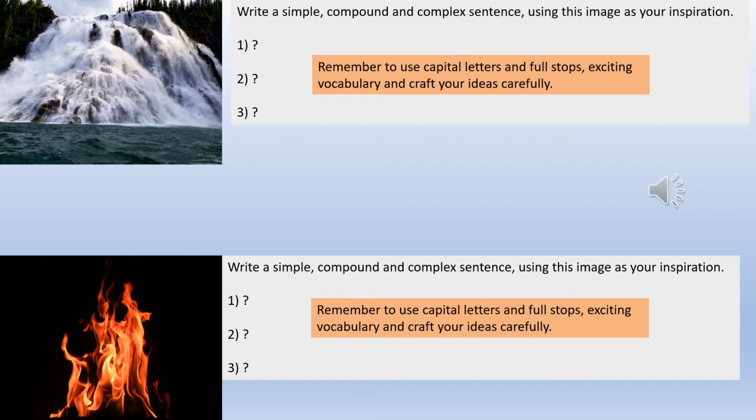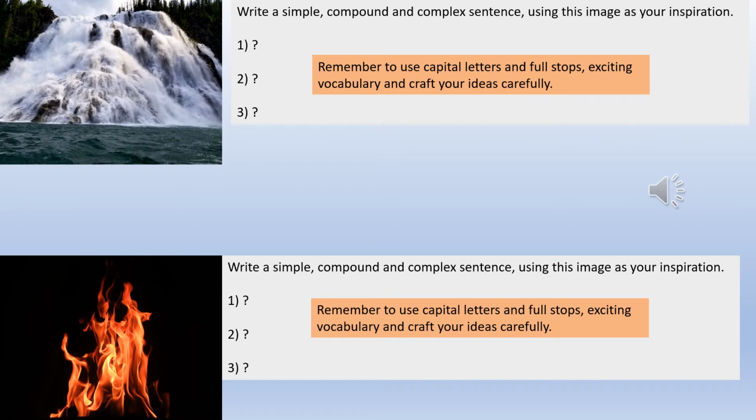The flames dance about upwards and within a certain area, but of course they're not going to be moving. I don't know if you can quite see it, but this is a campfire image that I pinched. Anyway, I would like you to write a simple, compound and complex sentence for each of these images that you could then, if you wished, put together as a paragraph to create a piece of detailed descriptive writing.